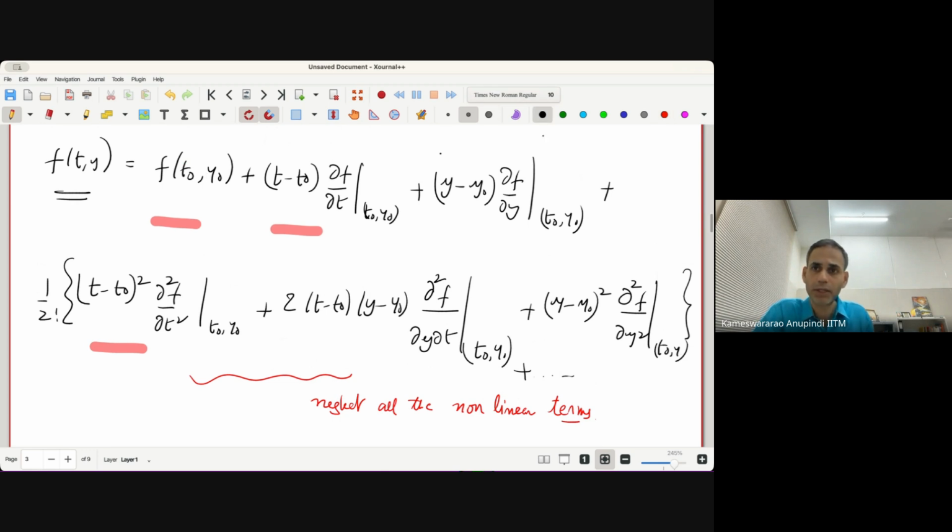If I include only the linear terms, I can write f of t, y equals these terms.